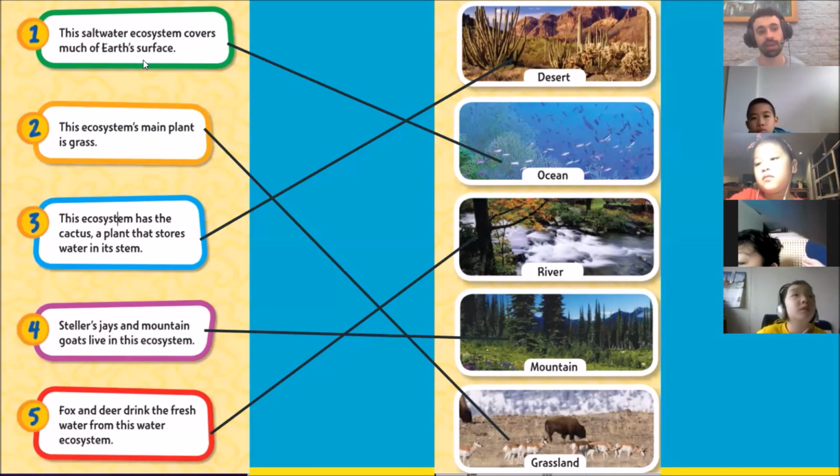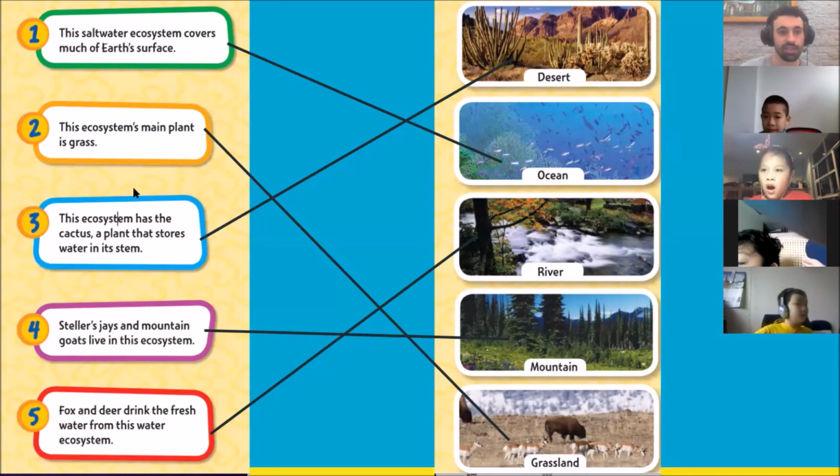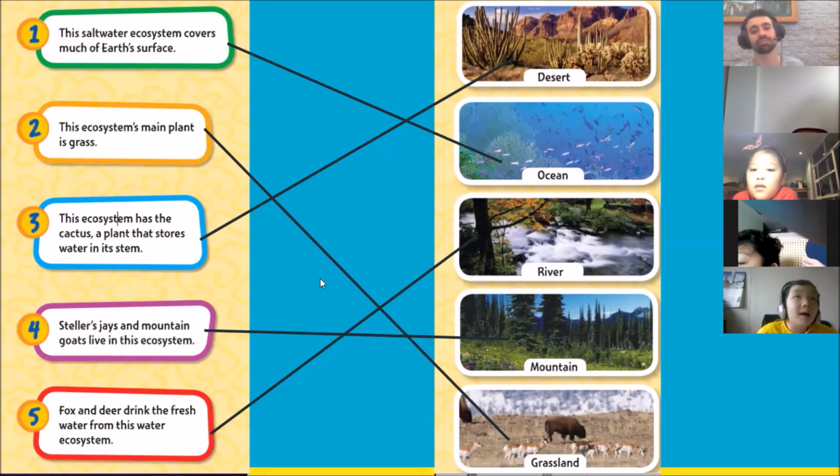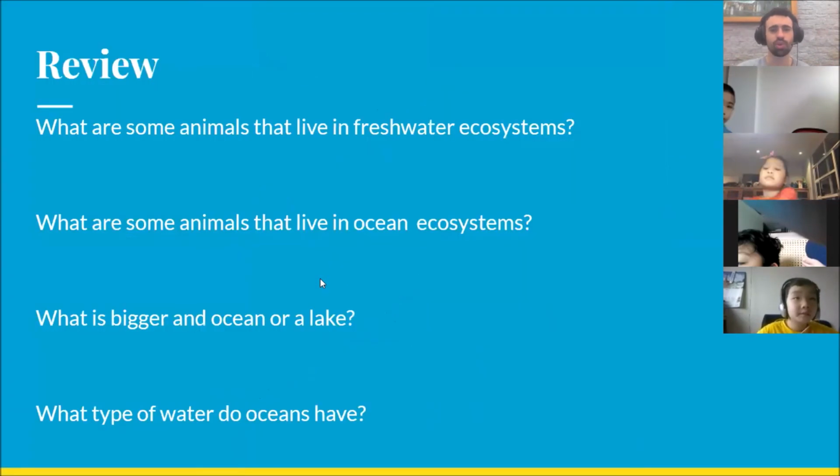This ecosystem's main plant is grassland. This ecosystem has the cactus, a plant that stores water in its stem, easy. Desert. Stellar jays and mountain goats live in this ecosystem. Mountain. Fox and deer drink fresh water from the ecosystem. A river.